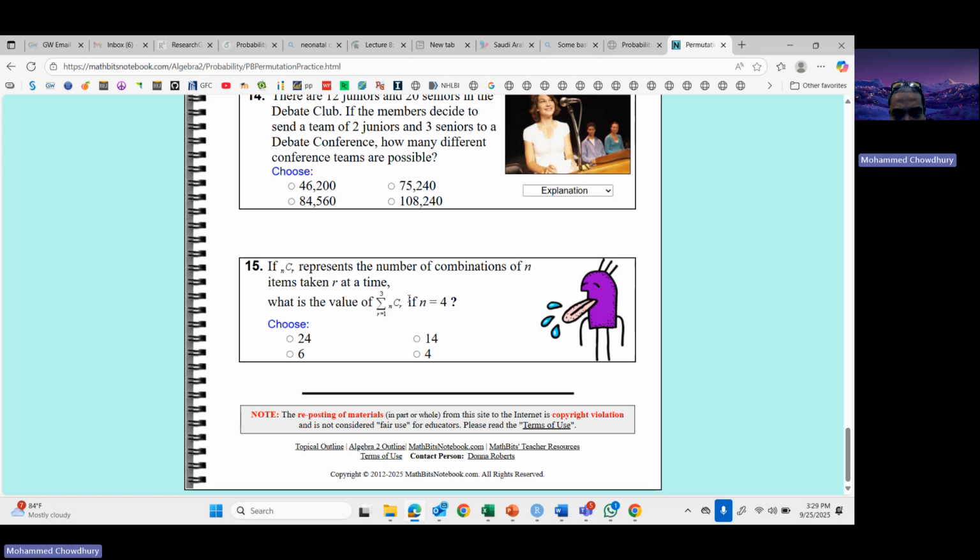nCr represents the number of combinations of n items taken r at a time. What is the value of this sum if n equals 4? Okay, let me write it.